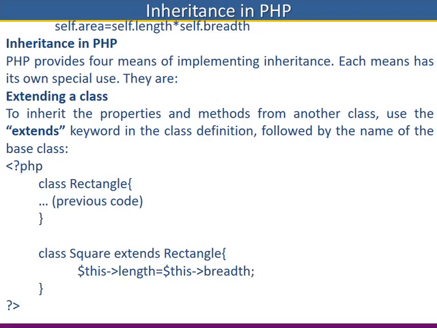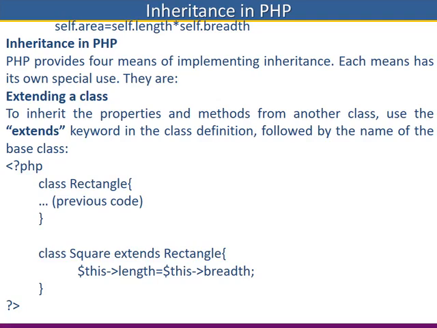Extending a class is the first thing. To inherit the properties and methods from another class, use the extend keyword. So we use the extend keyword to inherit properties and methods from a base class. In the class definition, use the extend keyword followed by the name of the base class.